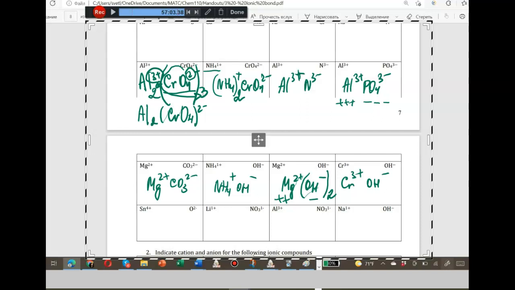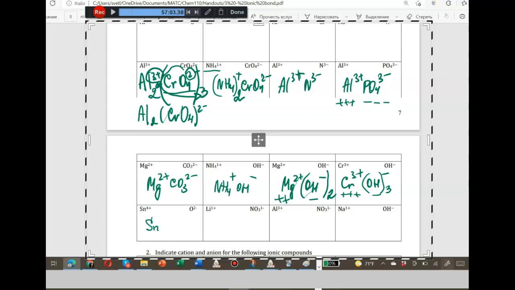Okay, so chromium 3 plus and OH negative. You can see 1, 2, 3 positive charges here, but if we have only one hydroxide ion, we have only one negative charge, but we need 3 negative charges because it's the rule: the whole ionic compound needs to be neutral. So the way is to put it 3 times to have 3 OH negative ions here.